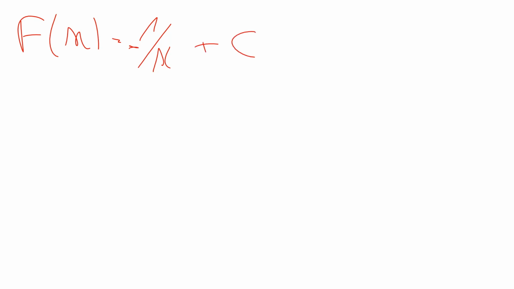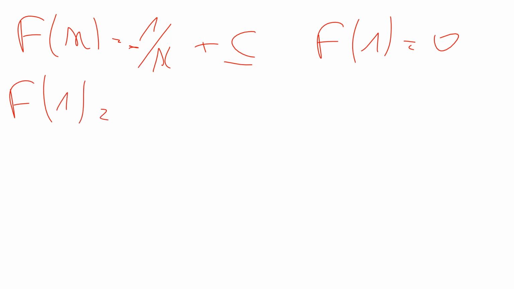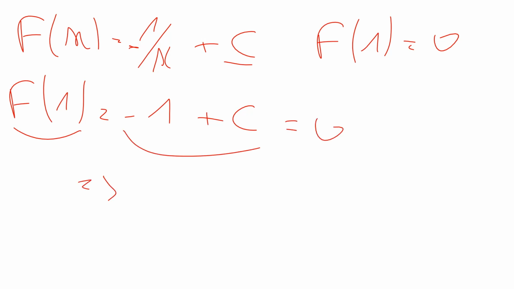And now we are trying to find c. What we have is that f of 1 is equal to 0. So what we can do is replace x by 1, which will give us minus 1 here, plus c. And since f of 1 is equal to 0, we can put minus 1 plus c equal to 0. This will end up giving us that c is equal to 1.